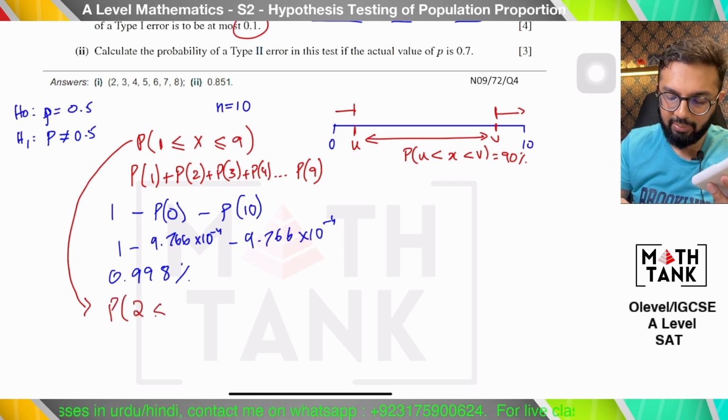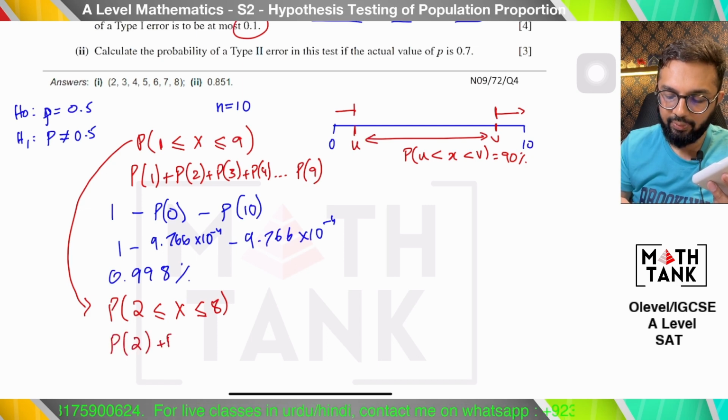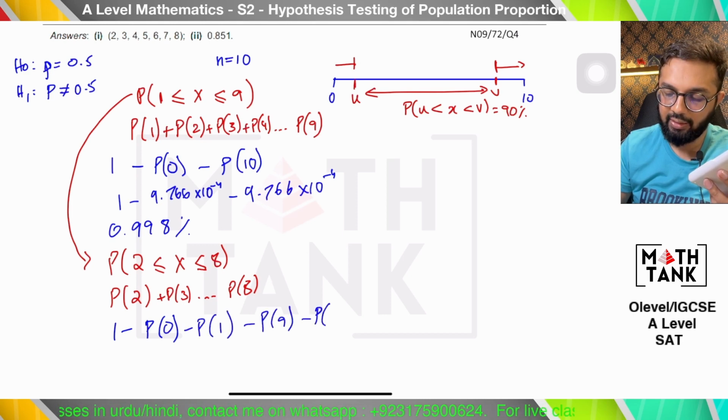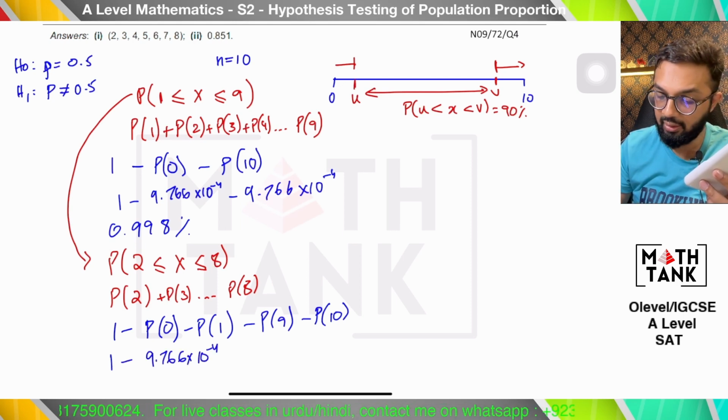Let's say my region needs to be between 2 and 8. I'm going to calculate the probability of 2, 3 up till 8. So what am I leaving out? I'm leaving out the probability of 0, 1, 9, and 10. I already have 0 and 10, 9.766 times 10 to the power minus 4.